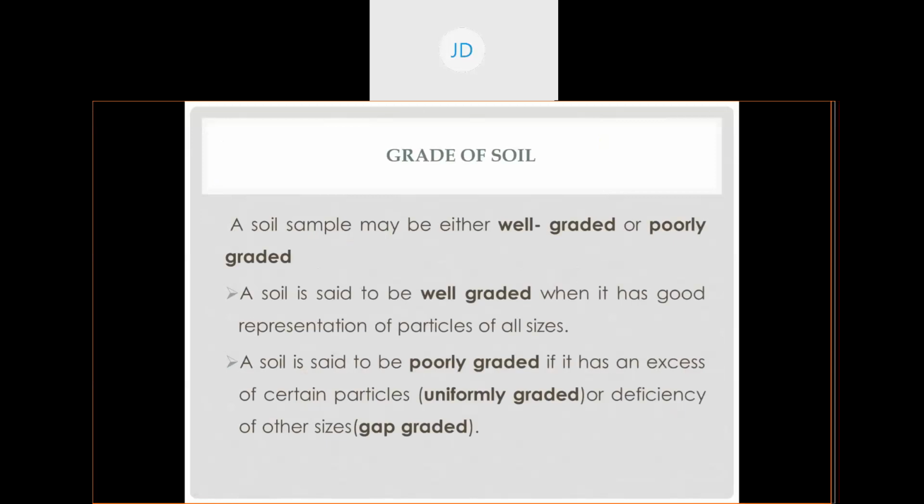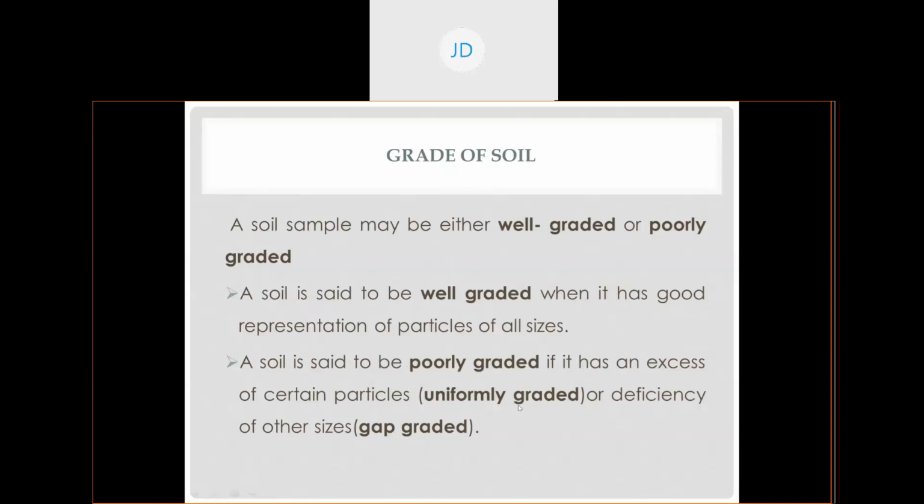Fine. Now what is poorly graded soil? It is just the opposite of well graded soil. A soil is said to be poorly graded if it has an excess of certain particles or deficiency of other sizes. Poorly graded soil is also divided into two types: uniformly graded or gap graded, sometimes also known as skip graded.